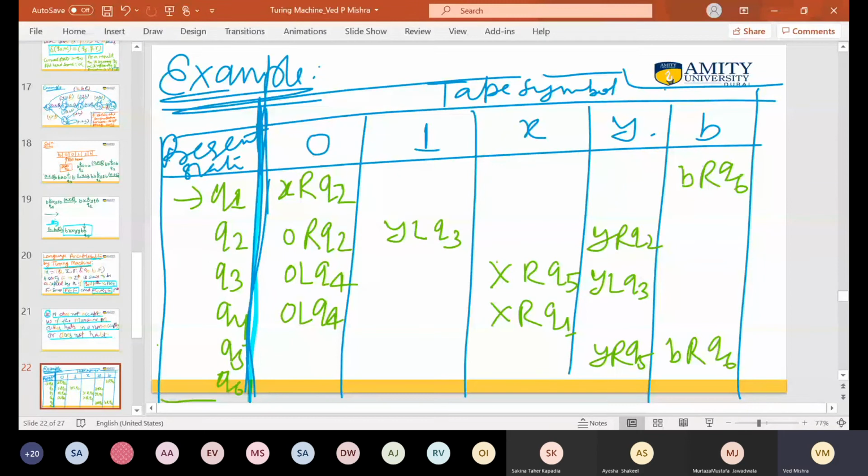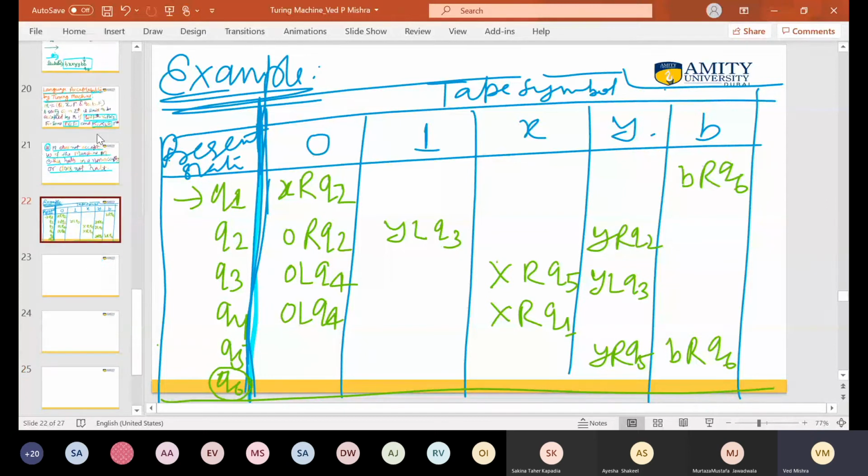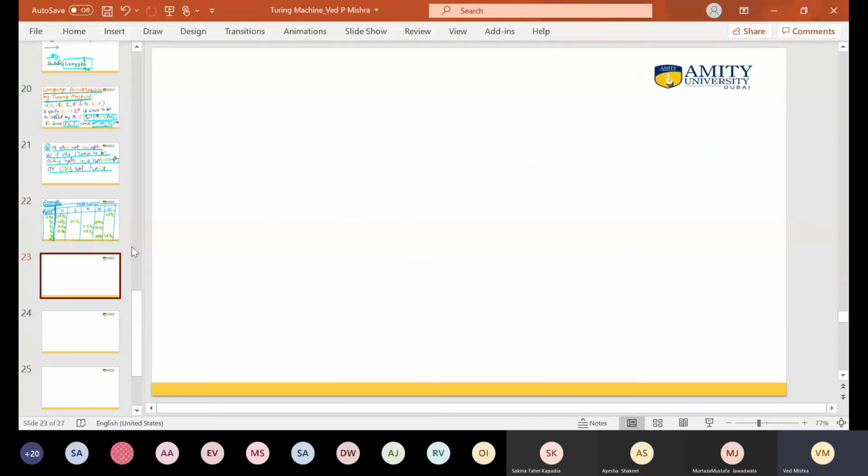Suppose Q6 is the final state. So now you know how to make a transition table from a transition diagram.